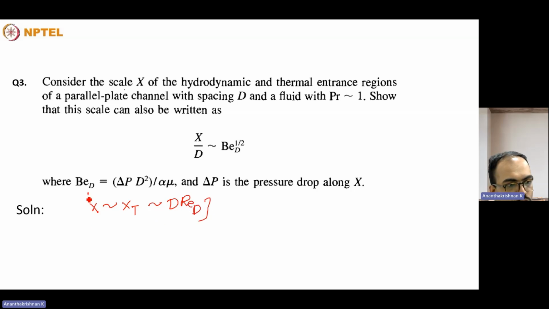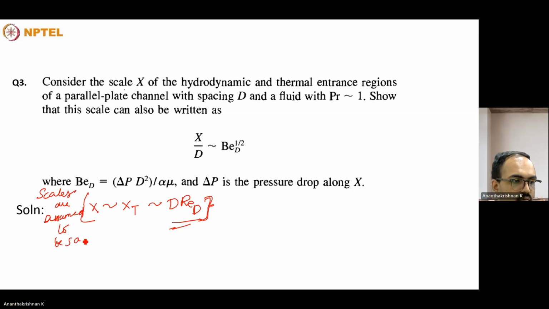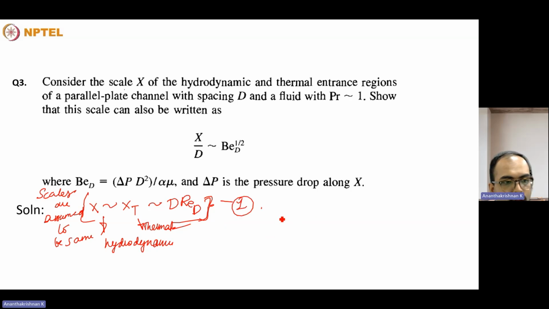So this is already shown in the scaling. The scales are assumed to be the same, hydrodynamic and thermal. So the Reynolds number can be written as U d divided by nu.